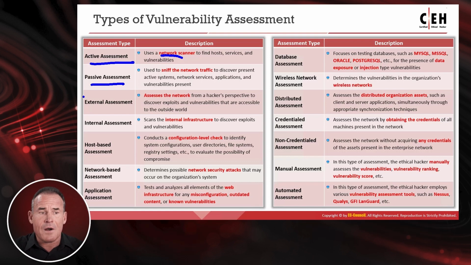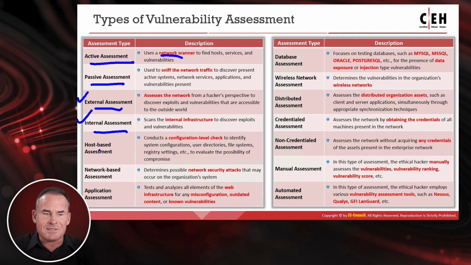All right, external or internal is pretty straightforward. Either I'm inside the security perimeter or I'm outside the security perimeter. A host-based assessment means you're running a utility locally on the box. So I'm running a configuration level check, identifying system configurations, directories, file systems, and so forth, but I'm running it on the local system.